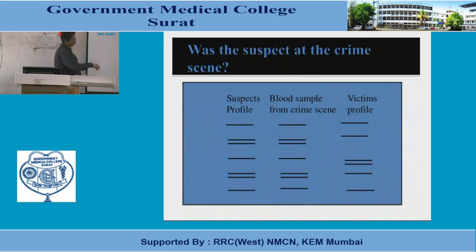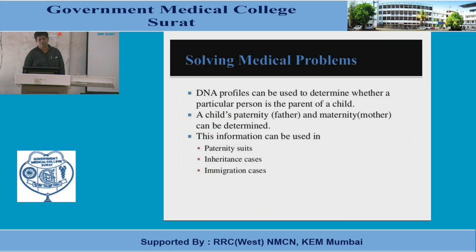From the suspect and the victim we make the DNA sequences, and the crime scene sample which is attached to the victim's profile, we then segregate that, and the suspect profile we will identify, and from that we can identify who is the criminal. Solving the medical problem, this is helpful in paternity suits, inheritance cases, immigrant cases.